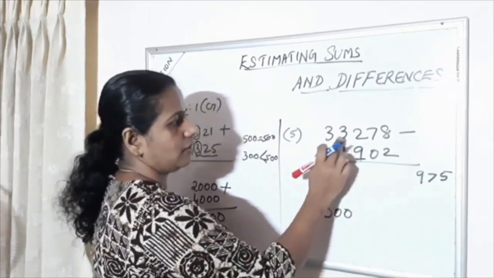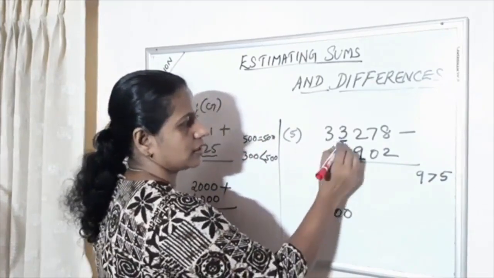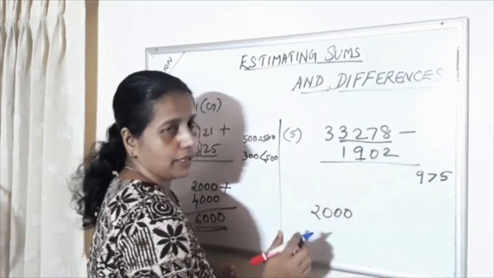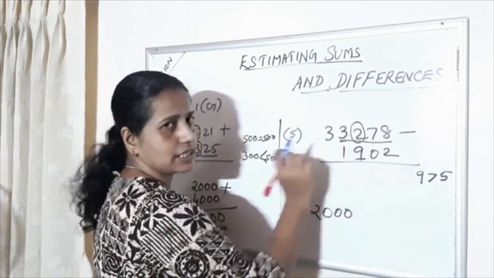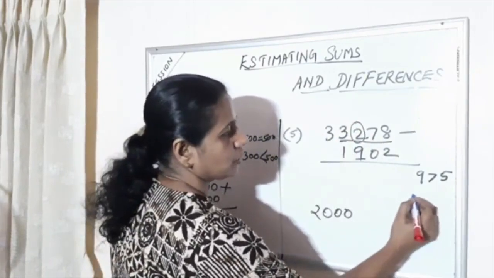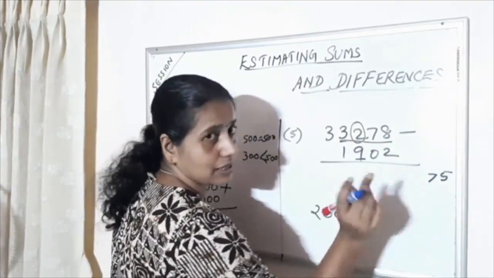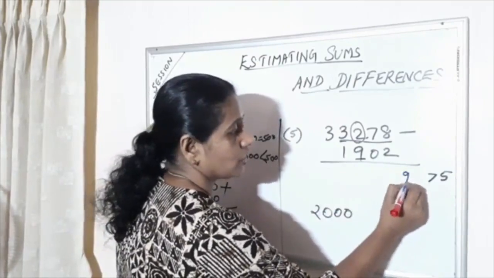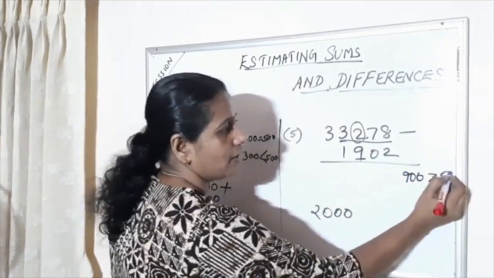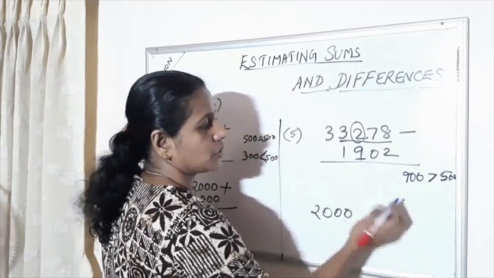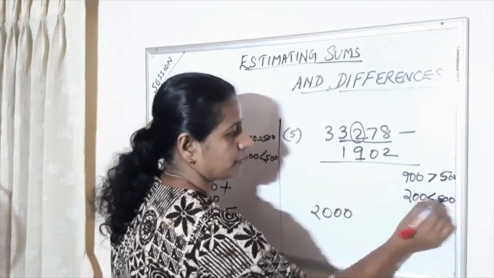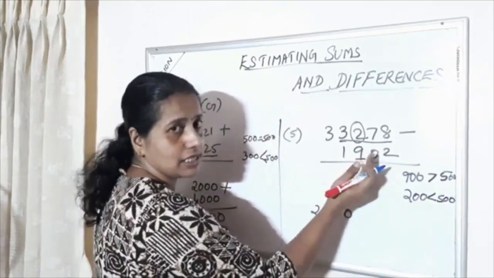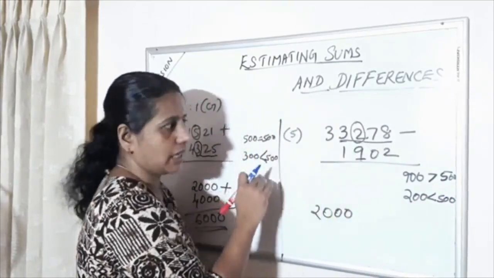Then next, take this 4-digit number. In that number take the hundreds place, that is 2. The 9 means 900, which is greater than 500. Here 2 means 200, which is less than 500, so you have to round it down.